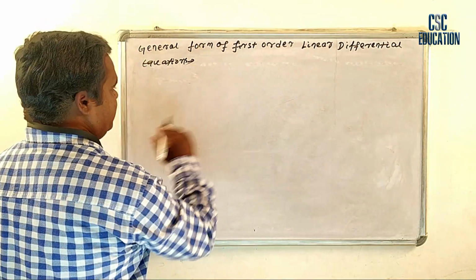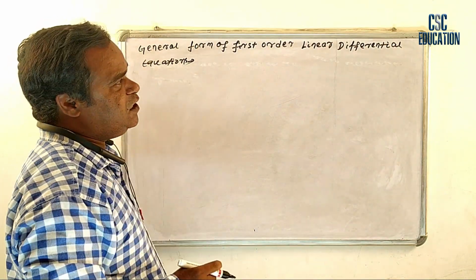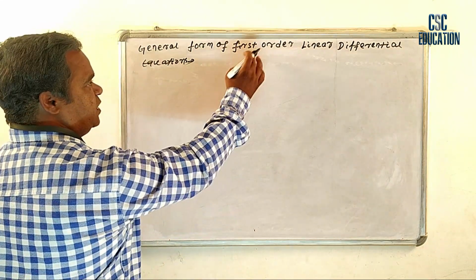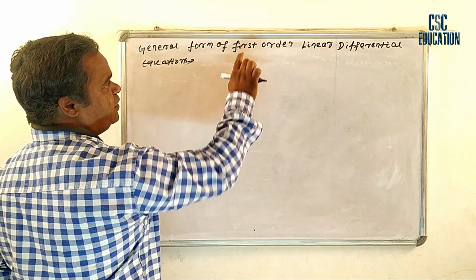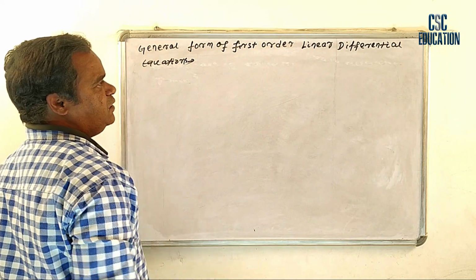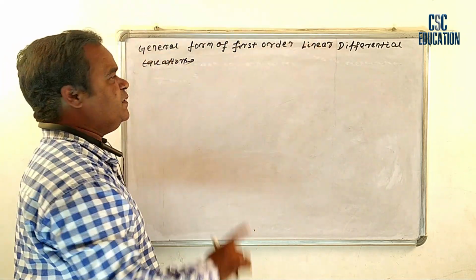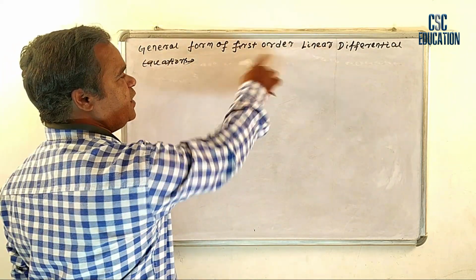So, firstly, what is a linear differential equation? First order is given here, that means linear, that means only the degree or order is 1.